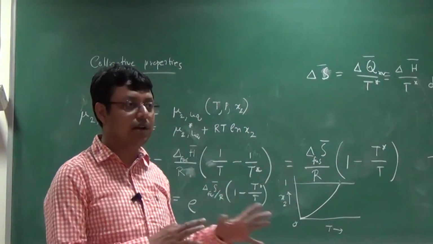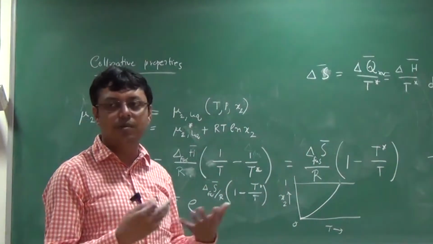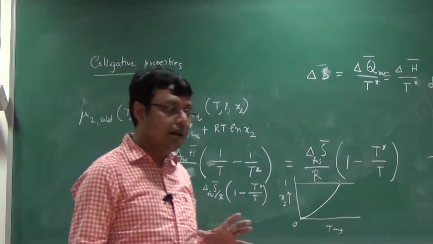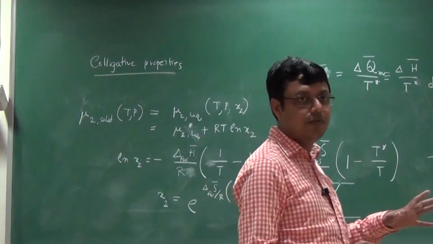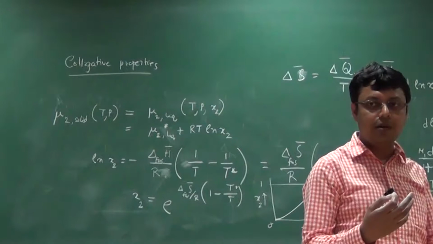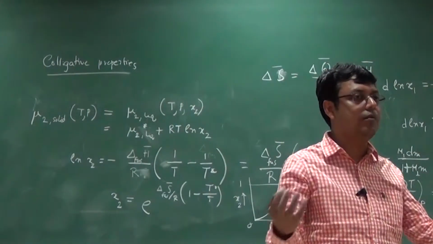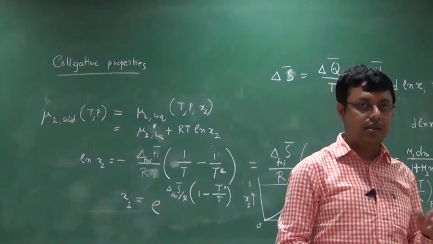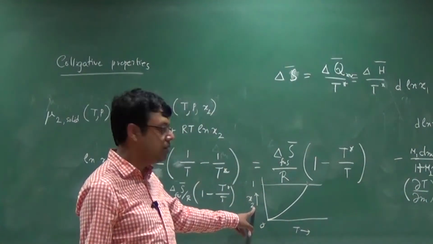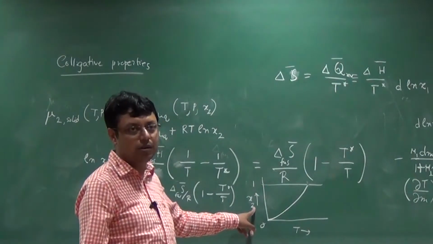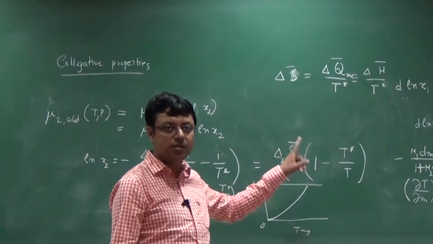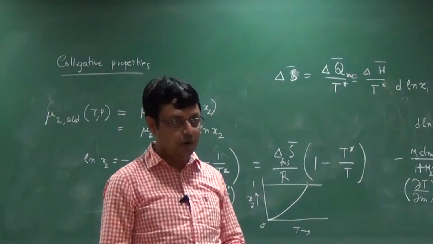But again, this is a very ideal solution, and most solutions don't show this kind of behavior. The reason is that in real life you have many different things. For example, if I add sodium chloride and some other salt in water particularly, there will be hydrogen bonding, and the interactions will be very different. Here it will depend on the salt: as long as the delta S for the two salts are the same, it will behave identically.